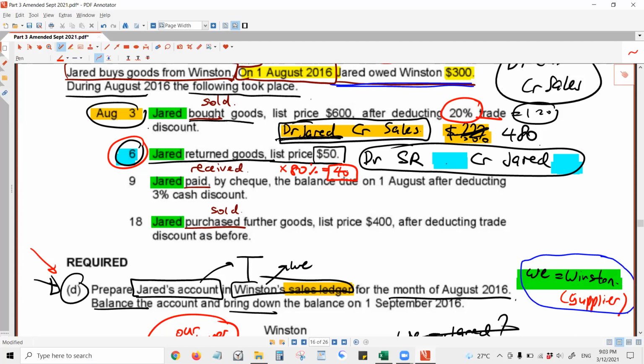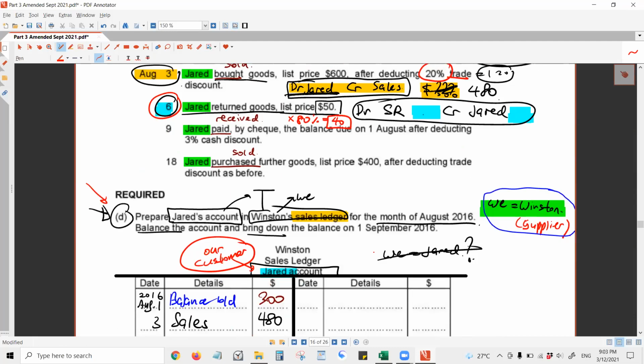Okay, logical. So this is something tricky, and many students would have used the $50 without knowing that they have to times 80%. Agree, right? It's 40. 50 times 80%. Let me try. Okay, correct, 40. So write 40 here.